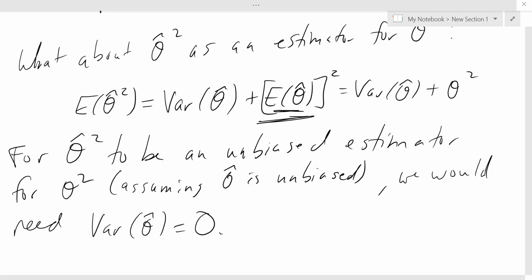For it to have absolutely no variance, that would mean that no matter what random sample you took, you would get the same mean every single time. Is that very likely? No. In fact, for a continuous distribution, that's just impossible.